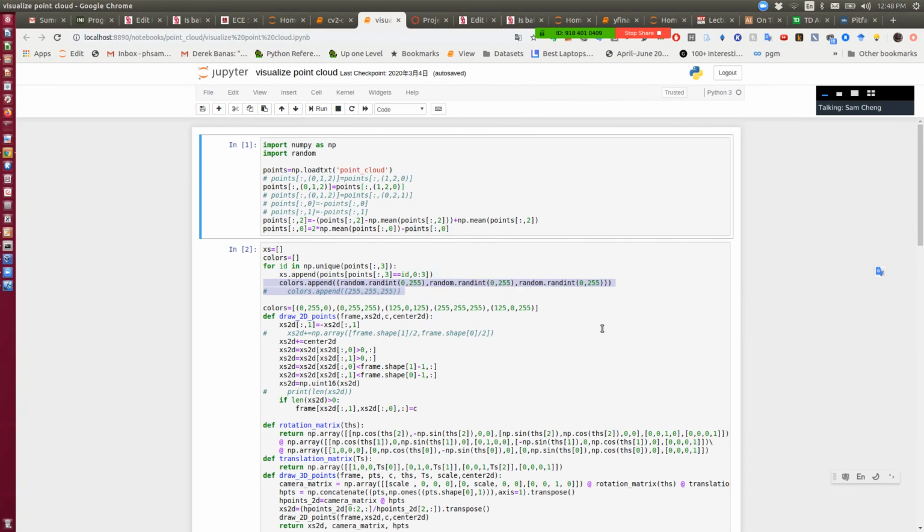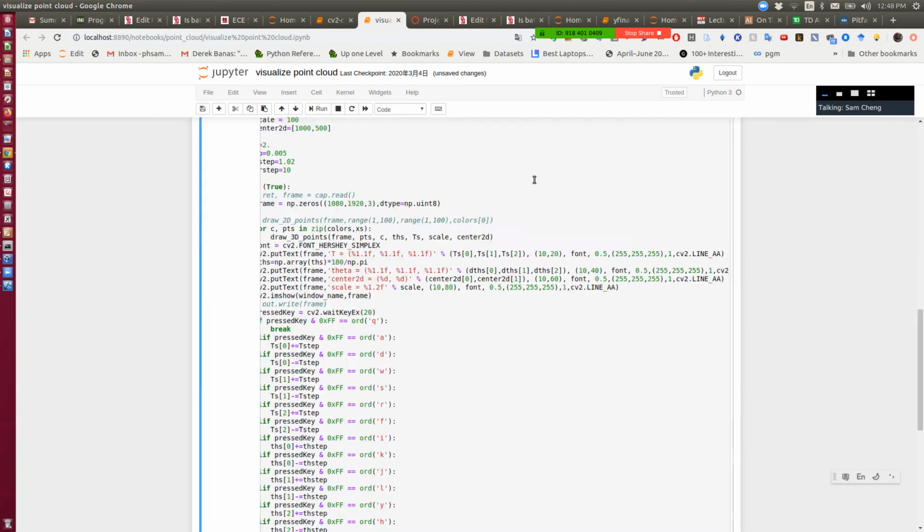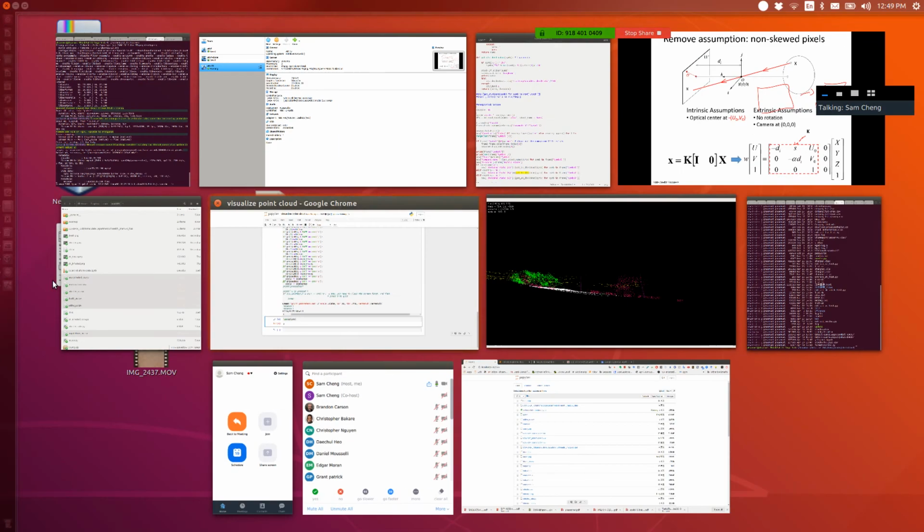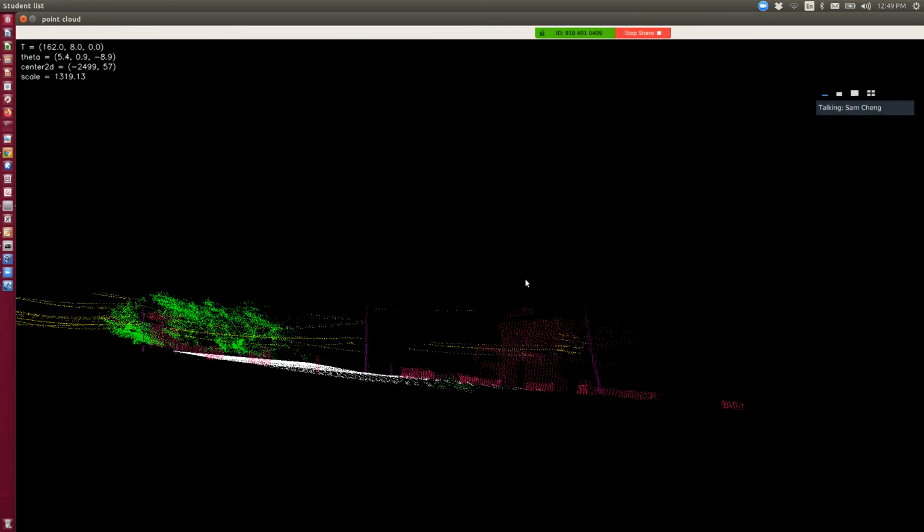Wait, can I go back to here? So if I want that, let's see, where is it? Yeah, I have a scene somewhere like that. I forgot how to control it now. So you can see this is a kind of house, I guess, maybe. And I have some trees, I guess.